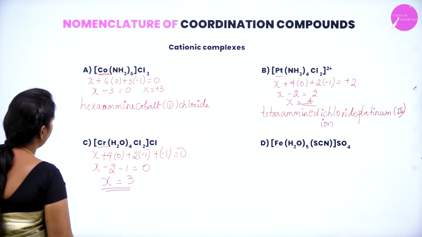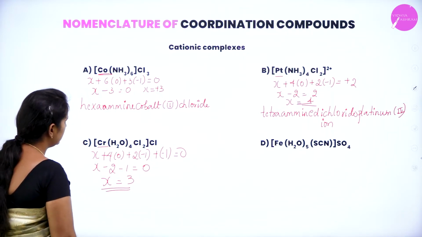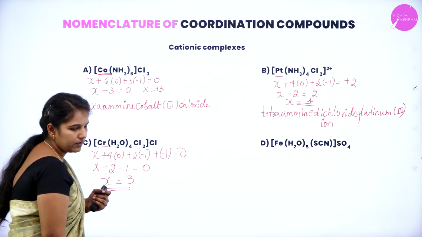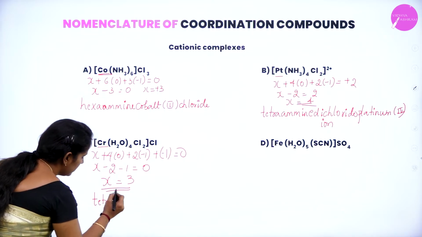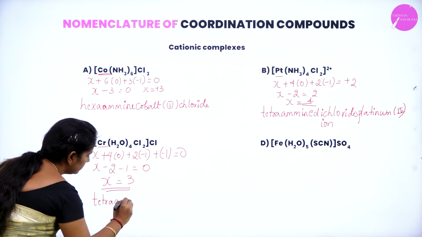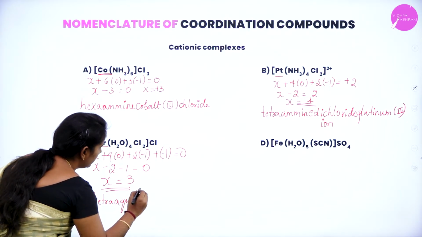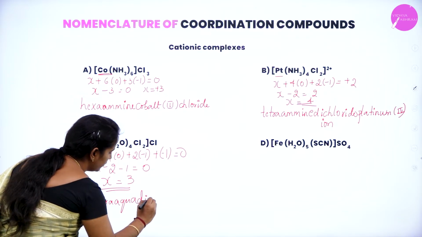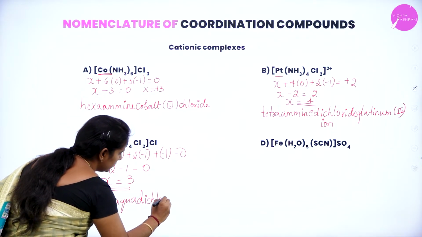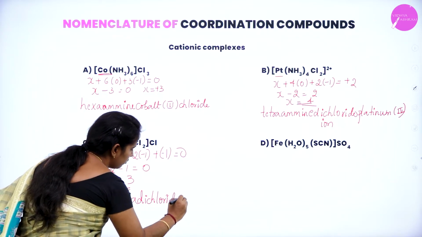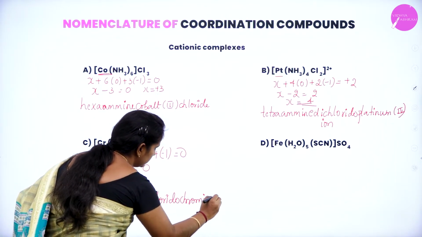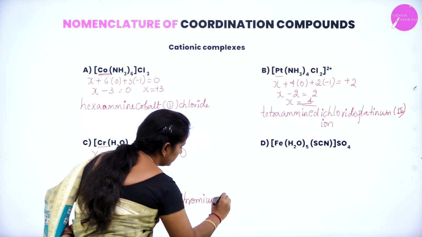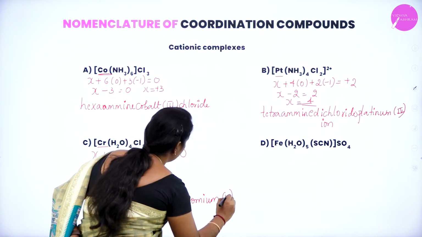So the oxidation state of the chromium will be plus 3, and it is named as tetraaqua dichlorido chromium 3 chloride.